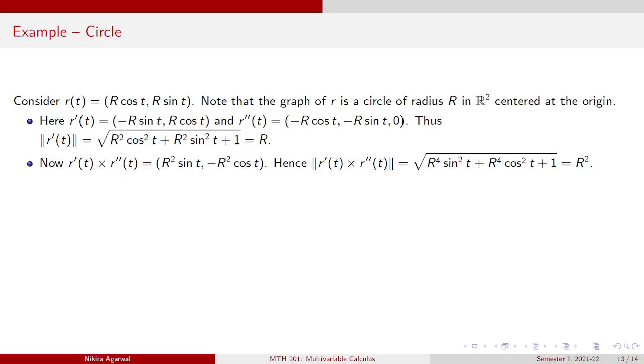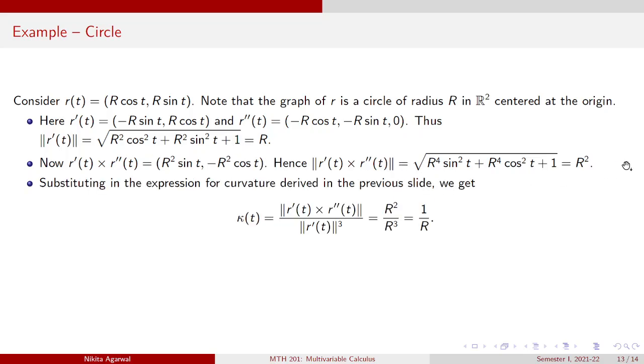From the formula on the previous slide, we need this cross product, which comes out to be this, and therefore its norm comes out to be R squared. Substituting in the formula for curvature, you get R squared by R cubed, which is 1 by R. So if you have a circle of radius capital R, then its curvature is its reciprocal.